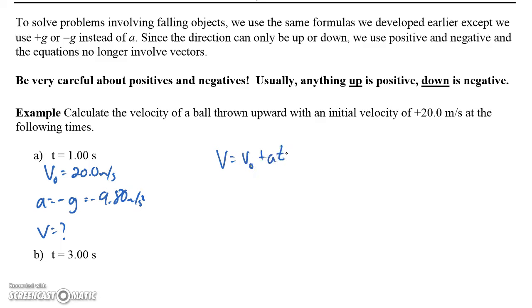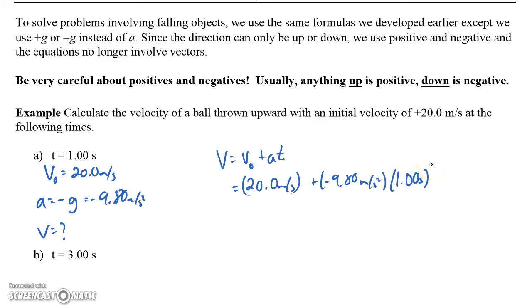Now, when we're doing free fall problems, you'll notice that I'm not putting vector arrows, and that's because we're only working in one dimension. We're never going to have other directions, so for positive and negative, you don't need to worry about writing vector arrows for gravity problems. So plug in our numbers: 20.0 meters per second plus negative 9.80 meters per second squared times 1.00 seconds.